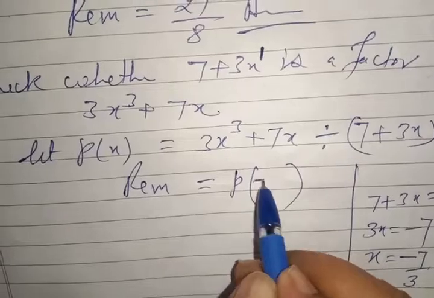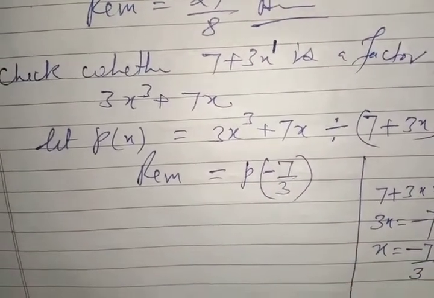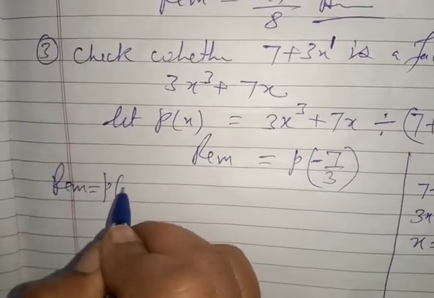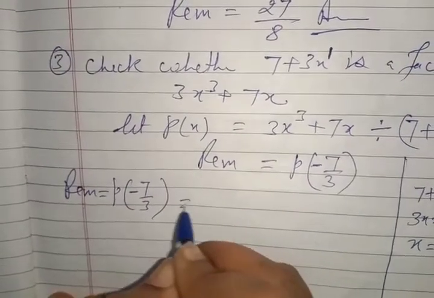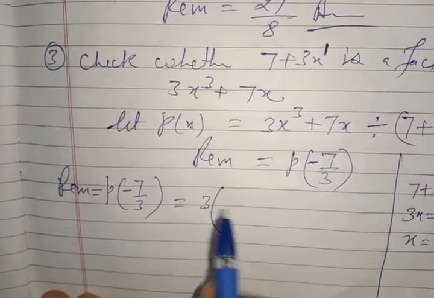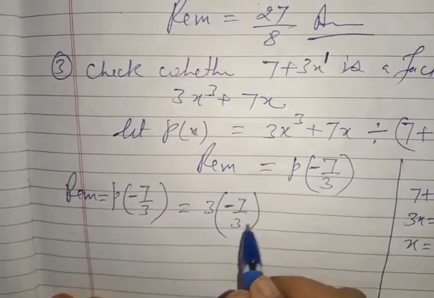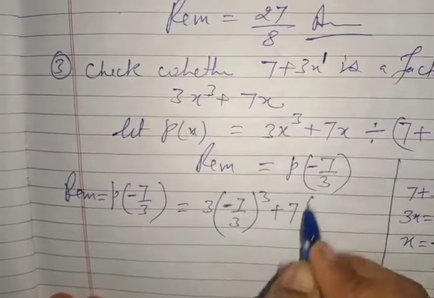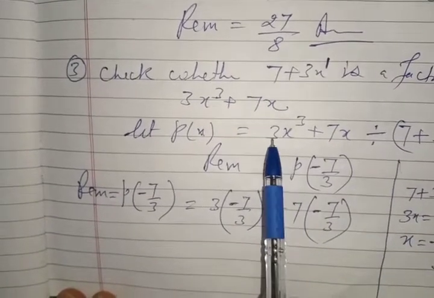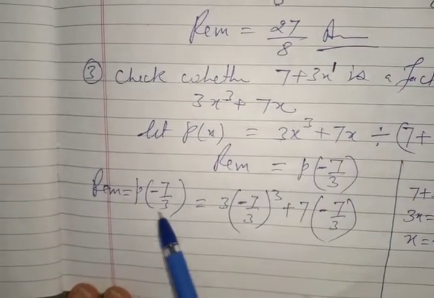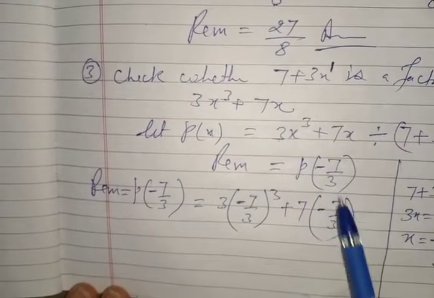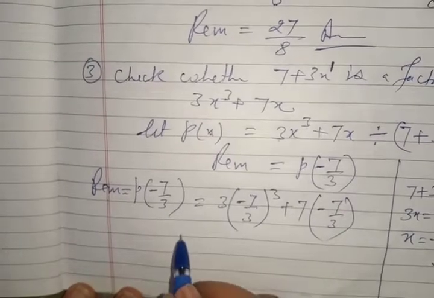In place of x, put minus 7 by 3. So the remainder is p of minus 7 by 3, which is 3 times x cube plus 7 times x, with x equal to minus 7 by 3. Put this value.